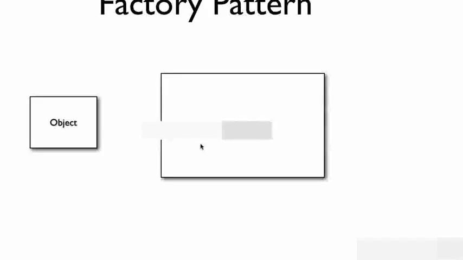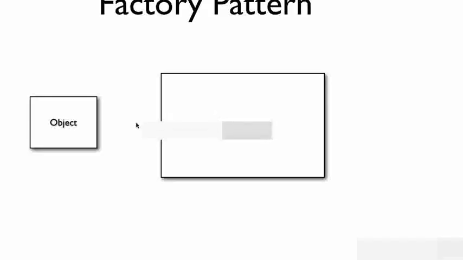Again, I have the object here. Instead of creating a new object B, I make a call to another object which is a factory object. Now I have this object factory, which is again another Java object, but the whole job of this object factory is to create new objects and then hand them over to the object.